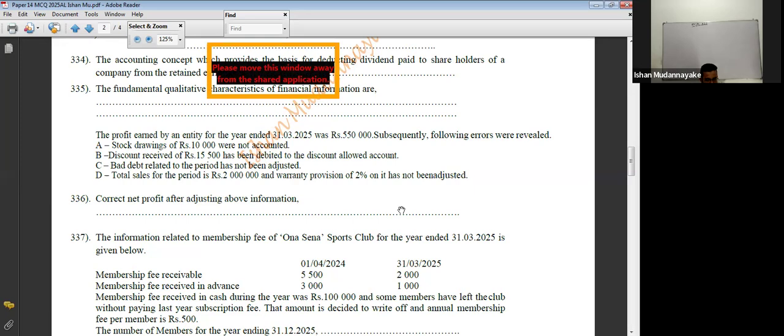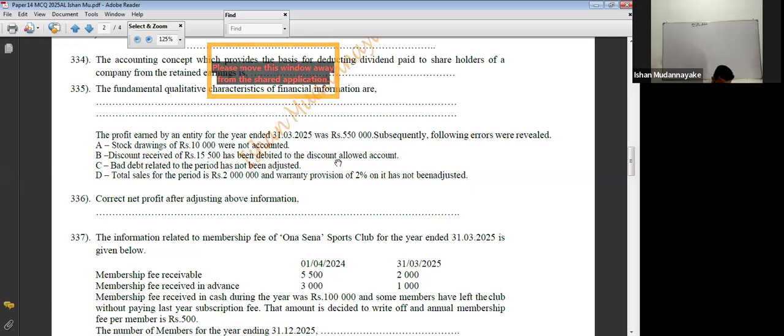For the bad debts related to the period that have not been adjusted, write down, for C, let's say bad debts as 12,000.